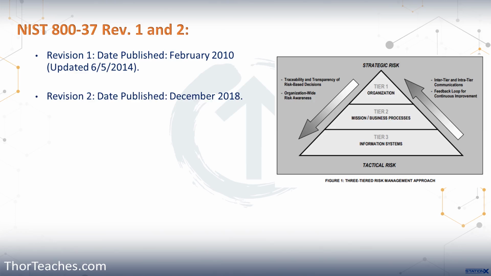800-37, like many other government publications, has a wonderful, long, and convoluted name. I don't think I have ever worked with anyone who referred to them by their full name. It's just 800-37. But just for reference, here is the name of Revision 1: Guide for Applying the Risk Management Framework to Federal Information Systems, a Security Lifecycle Approach.